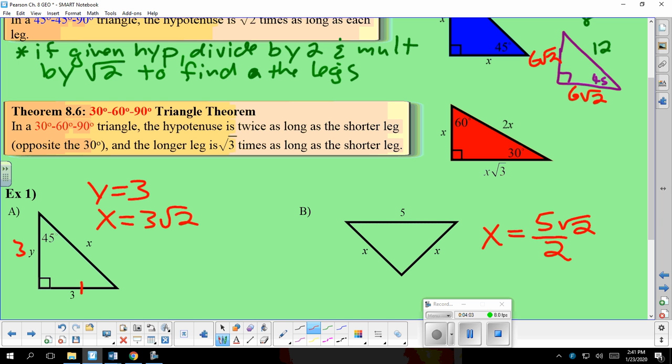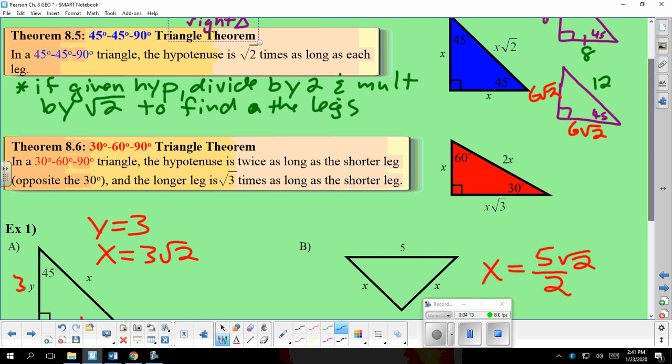An alternate way to tackle this is I know my 45, 45, 90 triangle has these properties. These two are the same. Hypotenuse is x root 2. So whatever I'm given, I can set that equal to this formula.